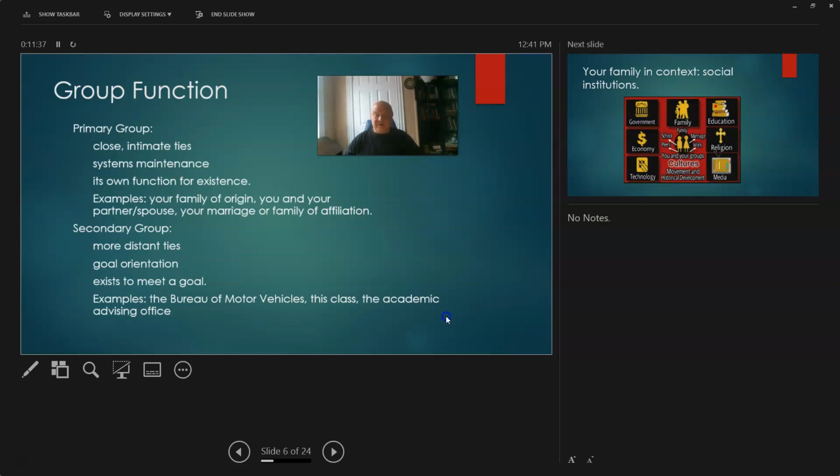Okay. We contrast a family, put in institutional linkages, with a secondary group: more distant ties, a goal orientation. Whereas a family is not a means to an end; it's an end in and of itself. Secondary groups, such as this class, for example, are a means to an end. Many of you identified in your introductory comments that you're required to take this class.